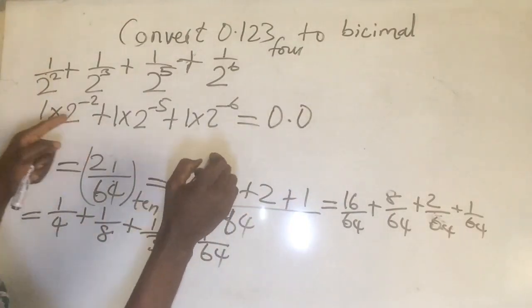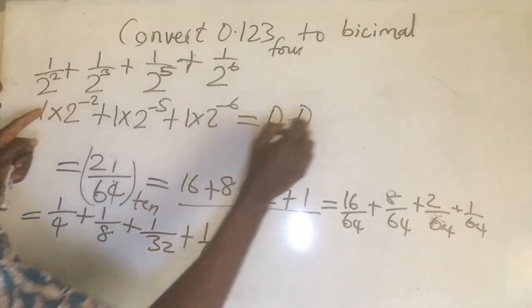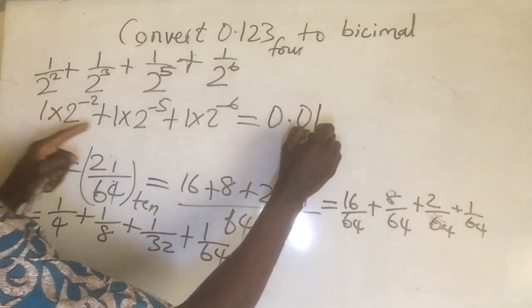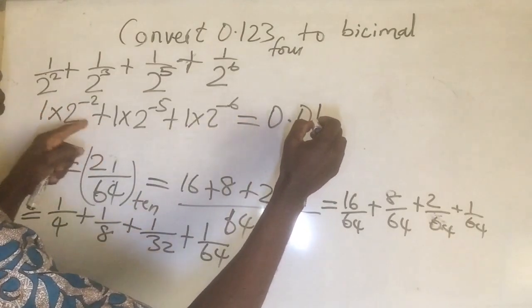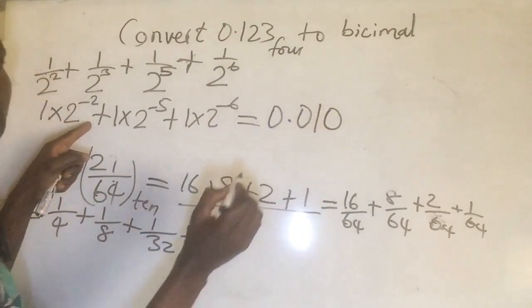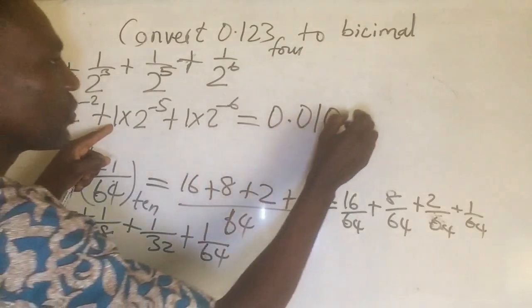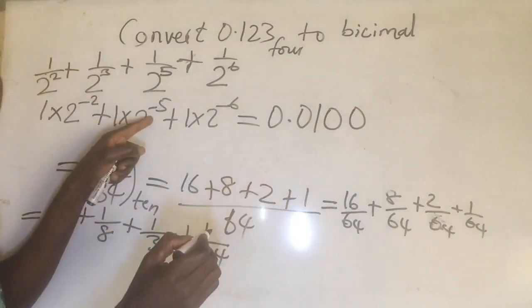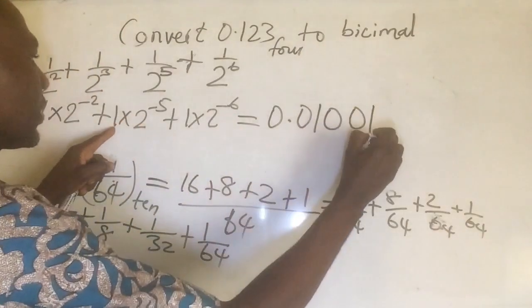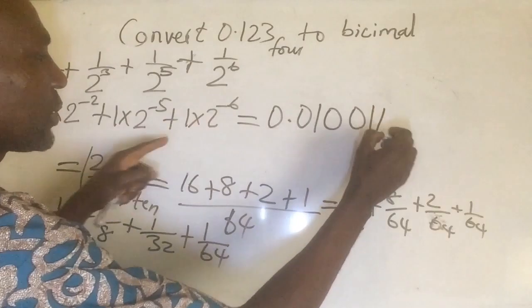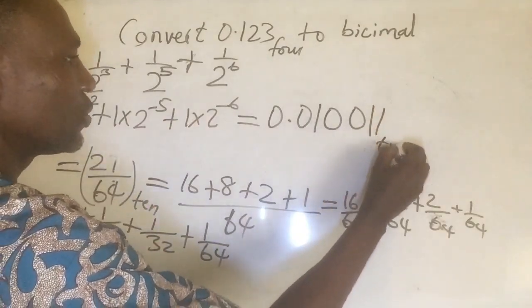Then we have raised to the power minus 2, which is 1. There is no 3 here, so we put 0. There is no 4 again, we still put 0. Then we meet the 5, so we pick 1, and then 6, we pick 1 in base 2.